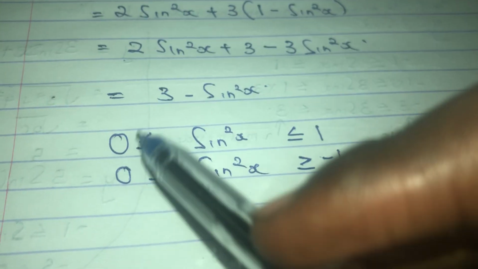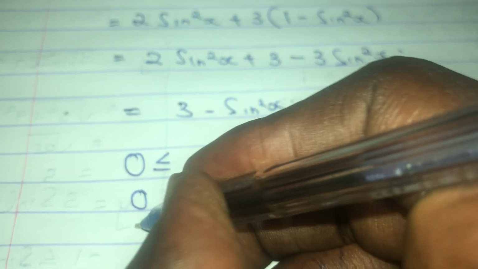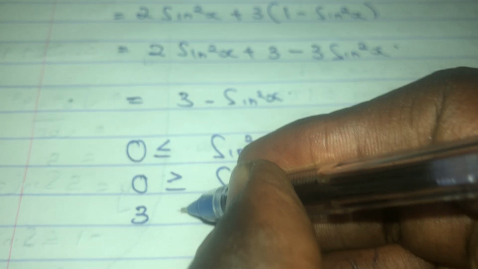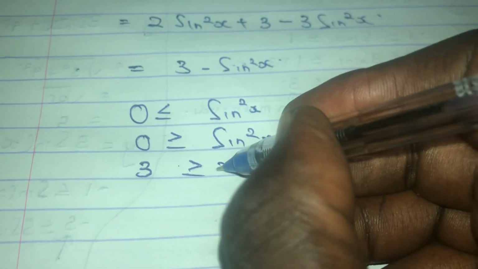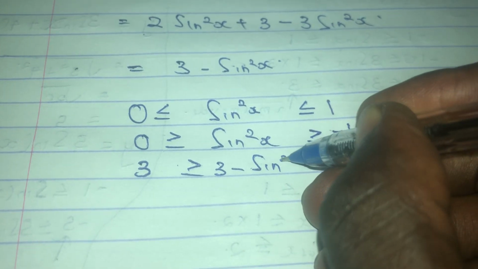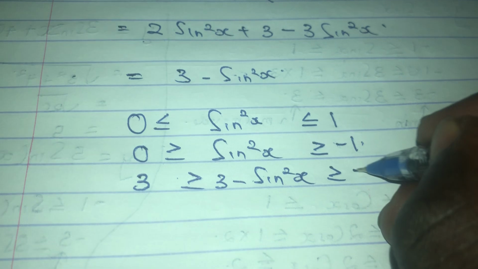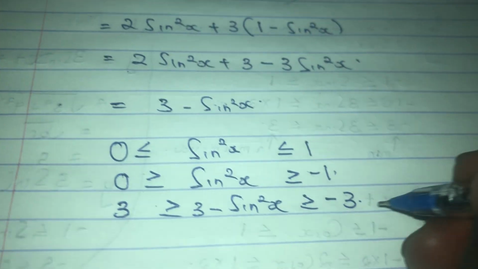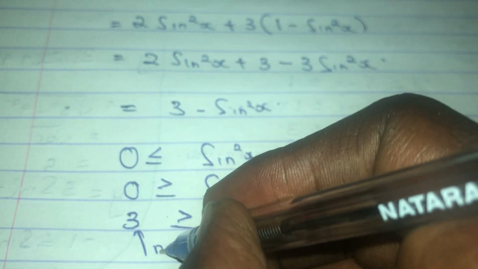We shall add the 3. So here it becomes 3 plus 0, which is 3, so 3 minus sine squared x, and this is 3 plus negative 1, which is actually 2. So we shall see this will be our minimum, and this will be our maximum.